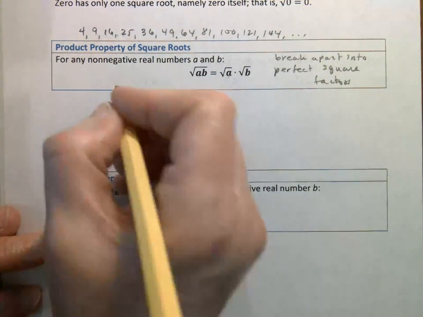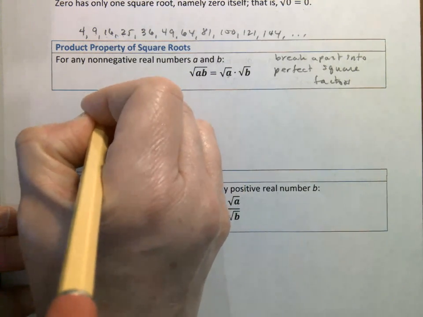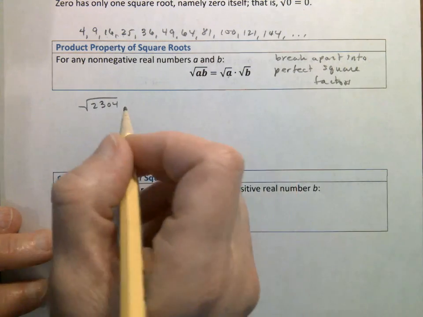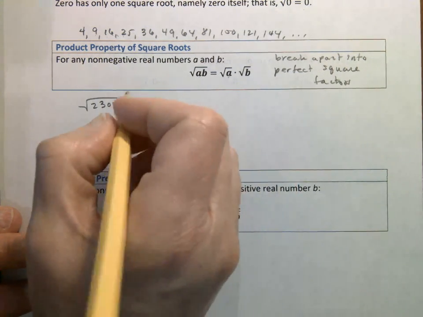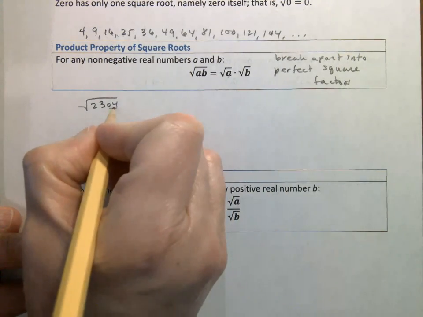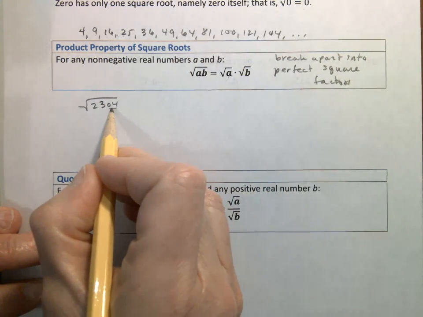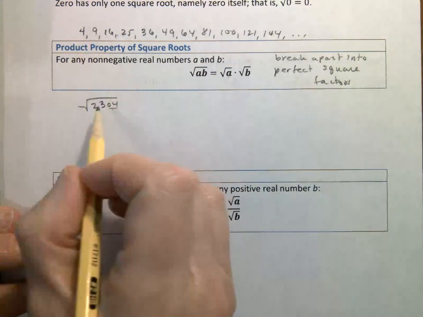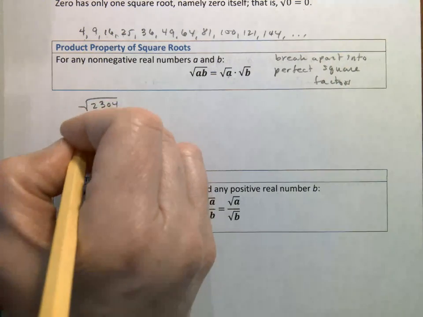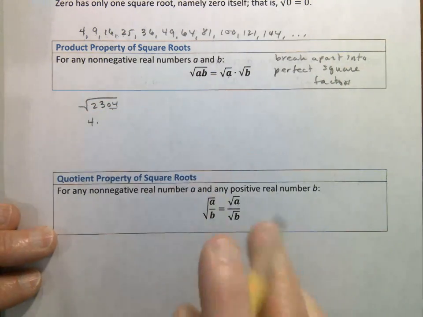So let's look at an example. I want to find the square root of this number, but I can't use my calculator. Back in the day, we didn't have calculators, so I need to break it apart. Here's a hint: if the last two digits of the number are divisible by 4, the whole thing is divisible by 4. Since 4 is a perfect square, that works out well for us. So I'm going to take out the 4.